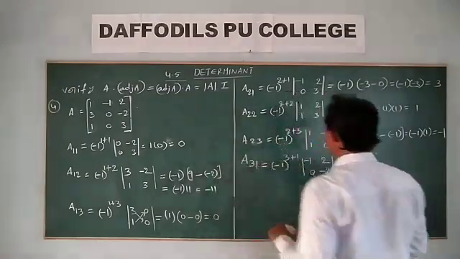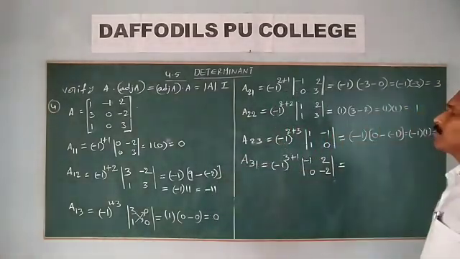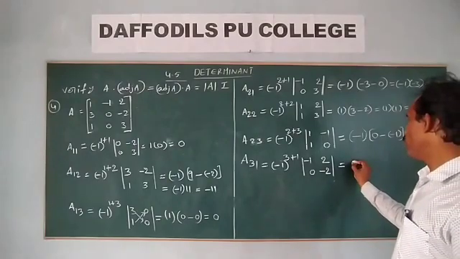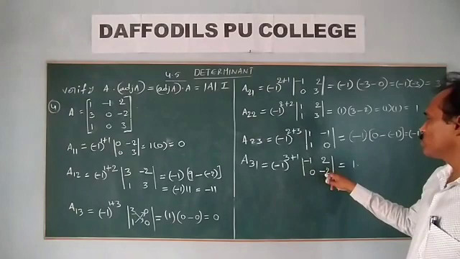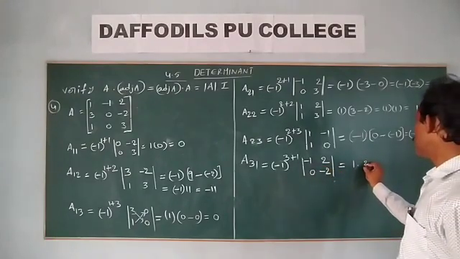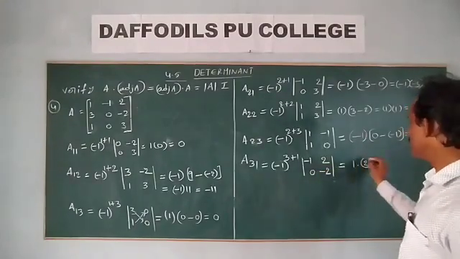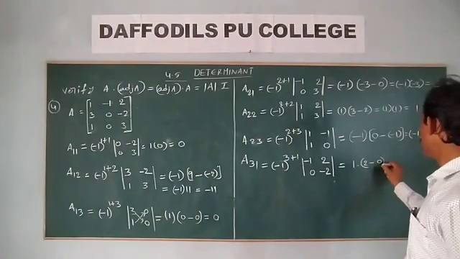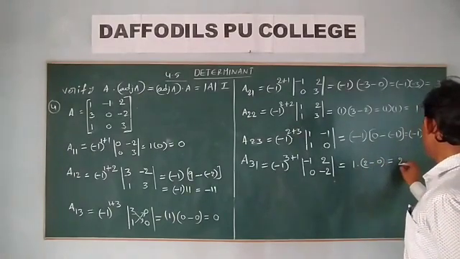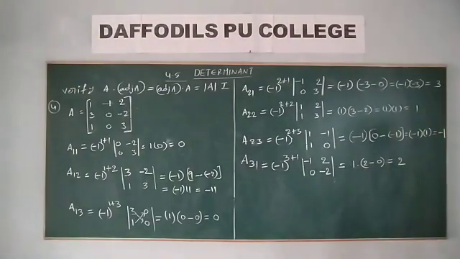This is equal to minus 1 to the power of 3 plus 1, which is 4, an even number, so plus 1, times (2 minus 0 into 2). Finally, this value is equal to 2.